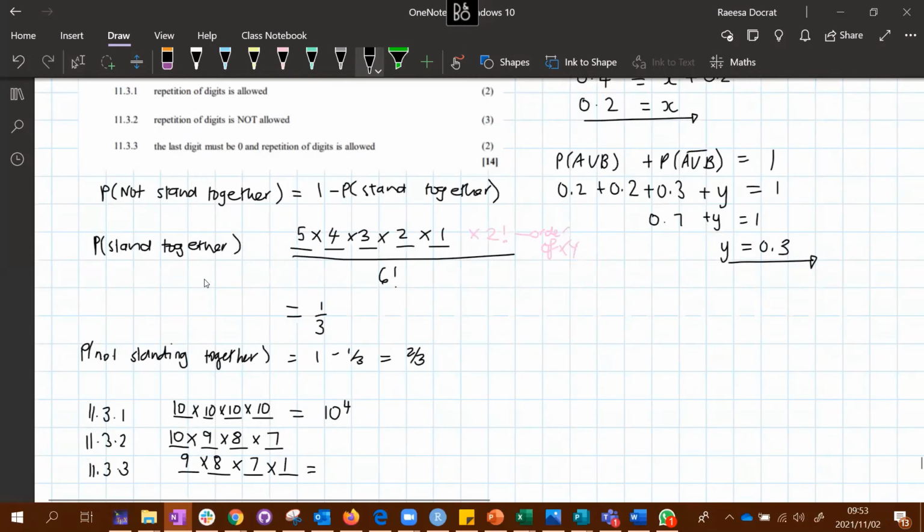So to calculate the first one, it's 10 times 9 times 8 times 7, which is 5040. And the second one is 9 times 8 times 7, which is 504.